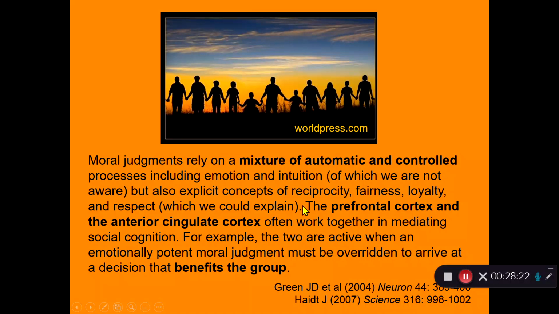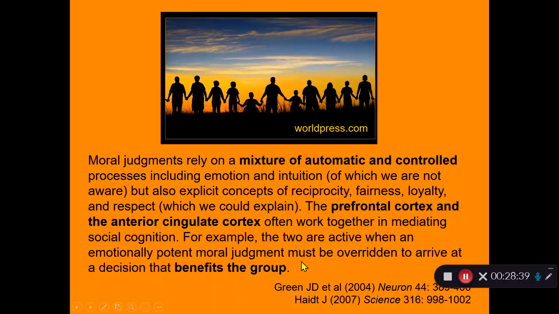And the prefrontal cortex and the anterior cingulate cortex often work together in mediating social cognition. And this is very important. For example, the two are active when an emotionally potent moral judgment must be overridden to arrive at a decision that benefits the group.